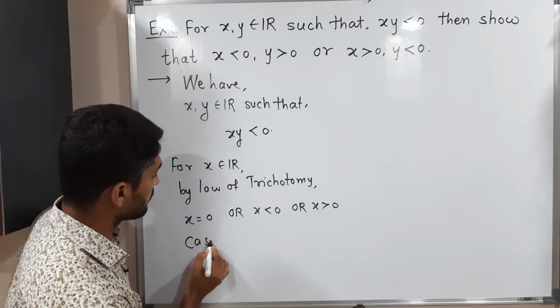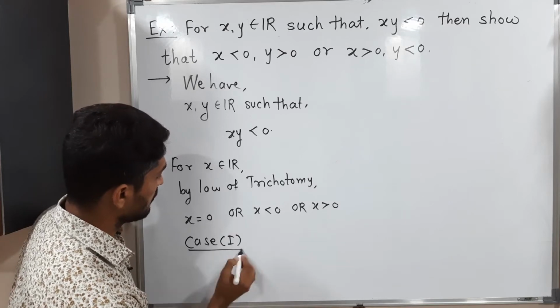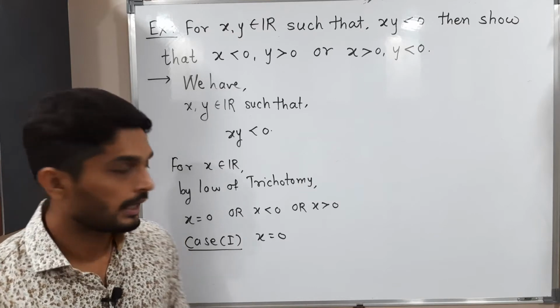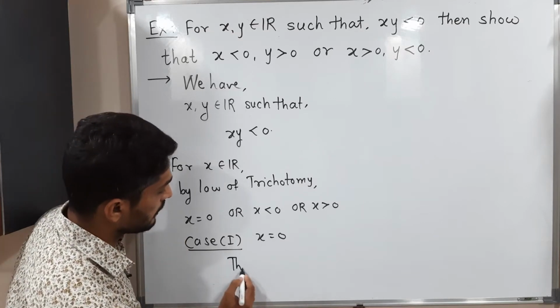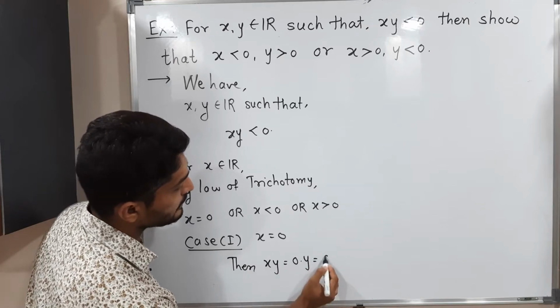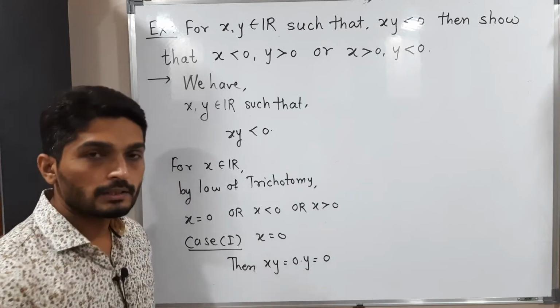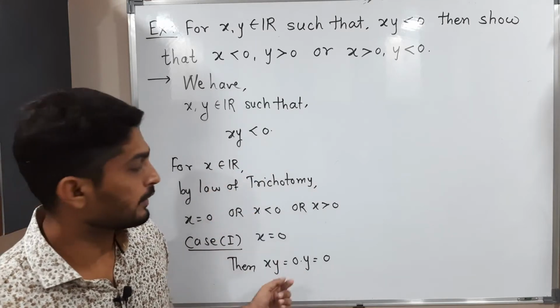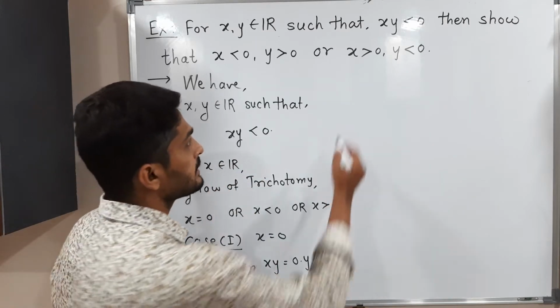Case number 1, x is equal to 0. See, if x is equal to 0, what will happen? Then x into y, that means 0 into y. You know that 0 into y is 0, but it is not possible because they have mentioned x into y is less than 0 and we are getting x into y is equal to 0.